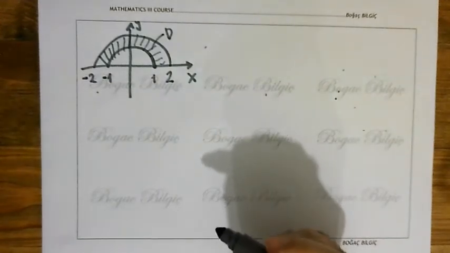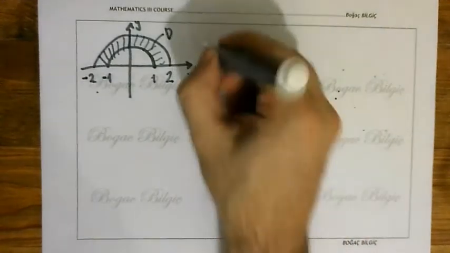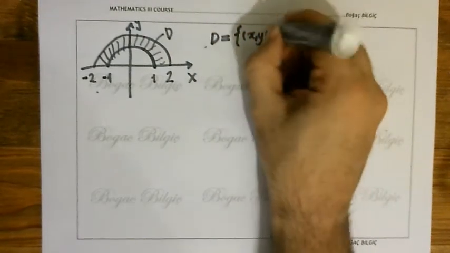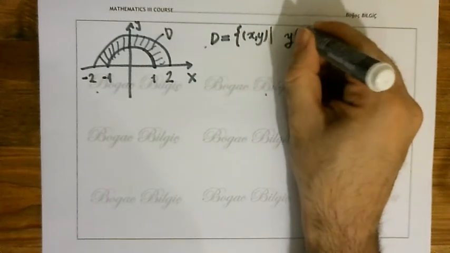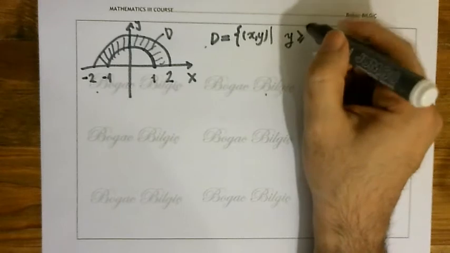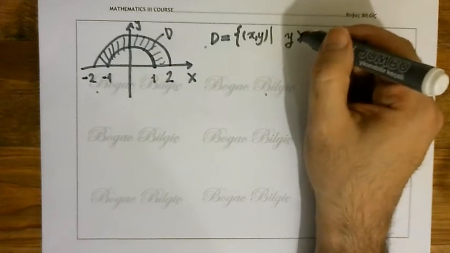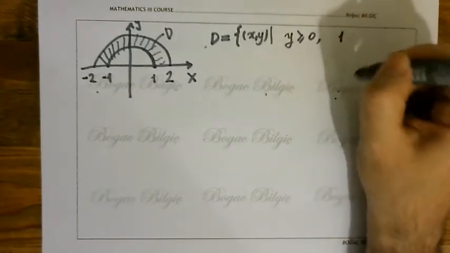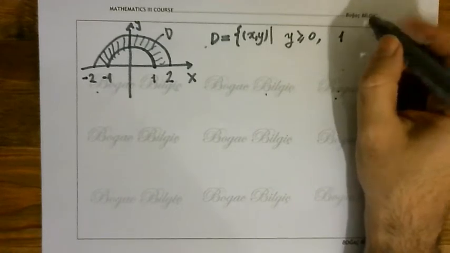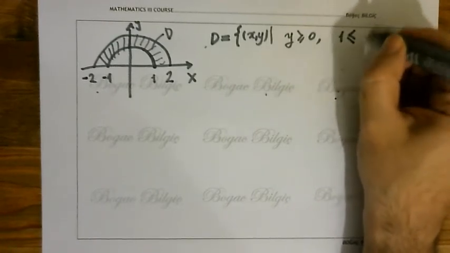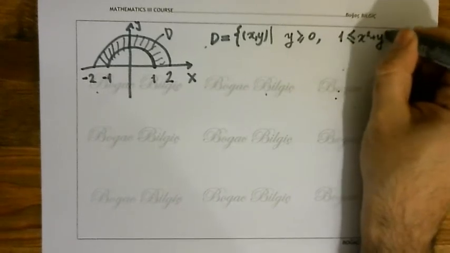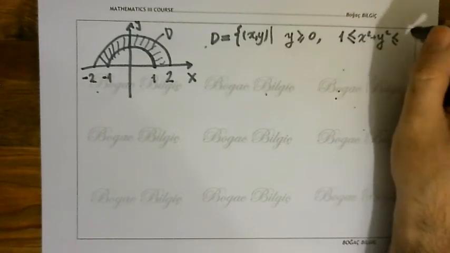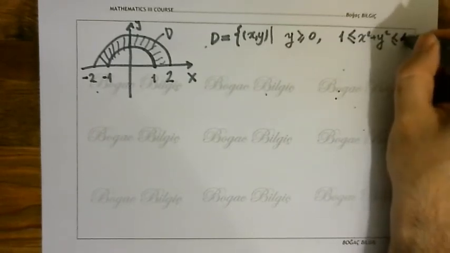The region D can be described as D is the set of (x, y) such that y is bigger than or equal to 0 and 1 is smaller than or equal to x squared plus y squared, which is smaller than or equal to 4.